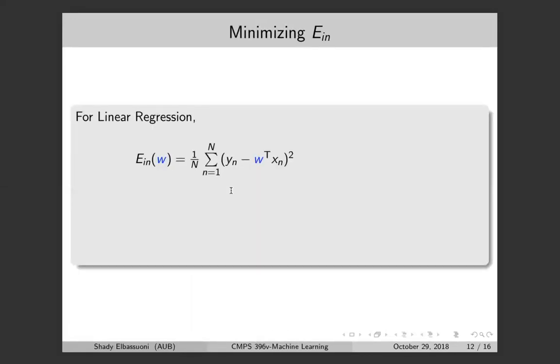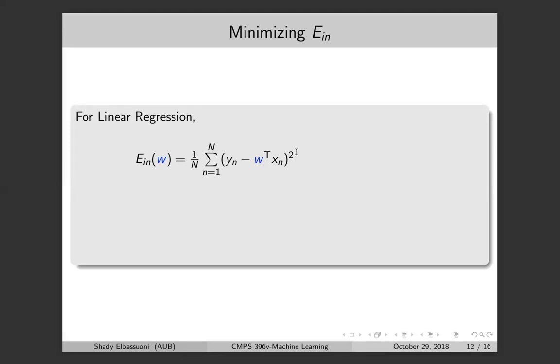Okay, so for linear regression, what did we do? We said the error was yn minus W transpose xn all squared, averaged over the whole data set. What did we do to get the weights W for linear regression? Anybody remembers? Derivation. We did derivation and set to 0, correct?